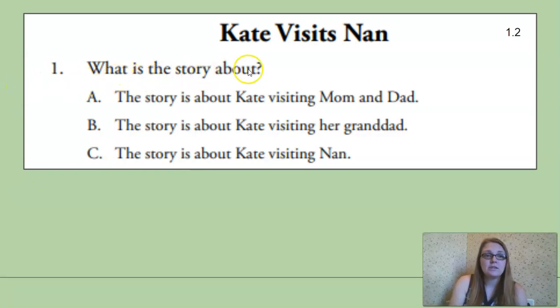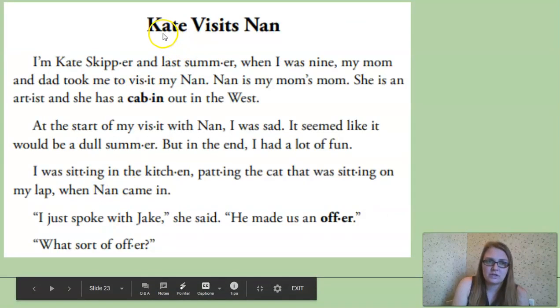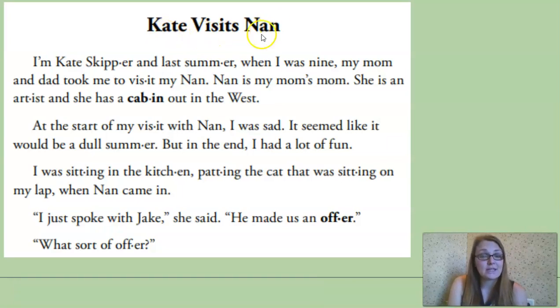So what is the story about? A, the story is about Kate visiting mom and dad. B, the story is about Kate visiting her granddad. Or C, the story is about Kate visiting Nan. So let's think. Who does she visit? Well, the title of the story is called Kate Visits Nan, so that's a pretty good idea of the answer.